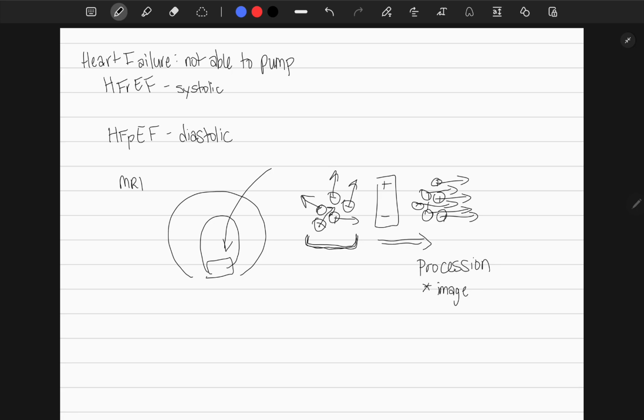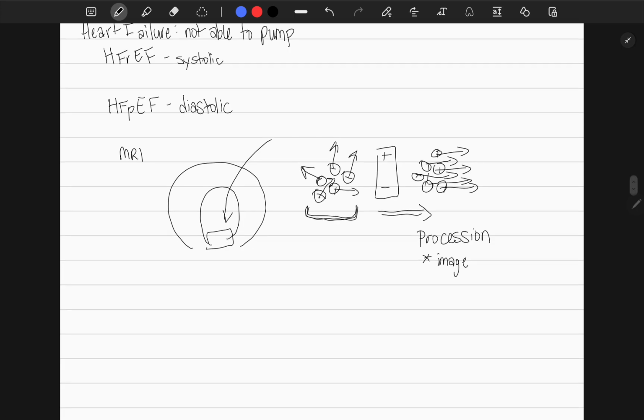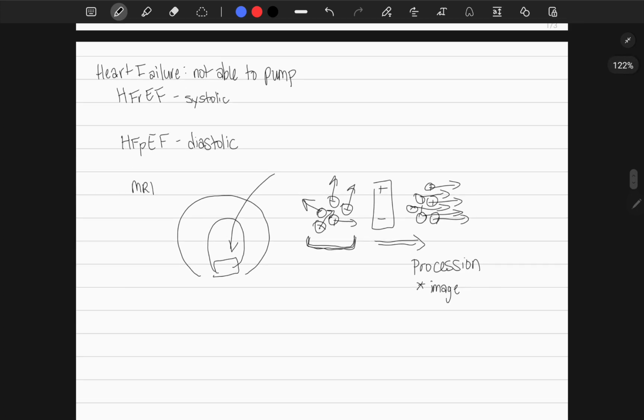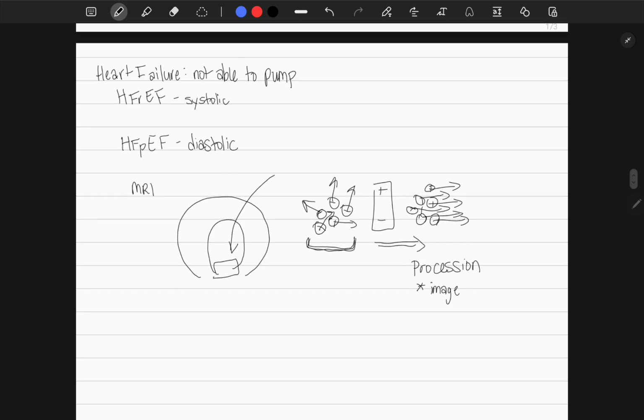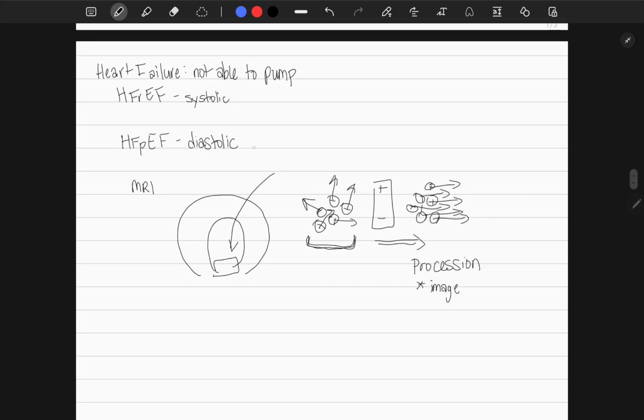So for the heart, we specifically can use a short axis view MRI for imaging of the heart for HFrEF and HFpEF. So for HFpEF, you will be able to capture this image at end diastolic, where the big stretch is going to occur.